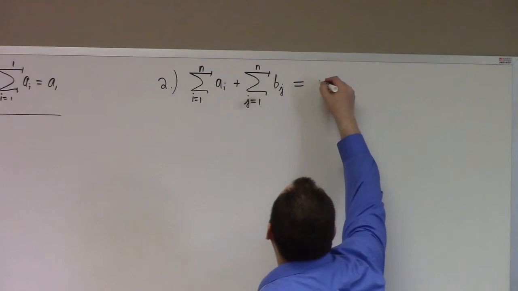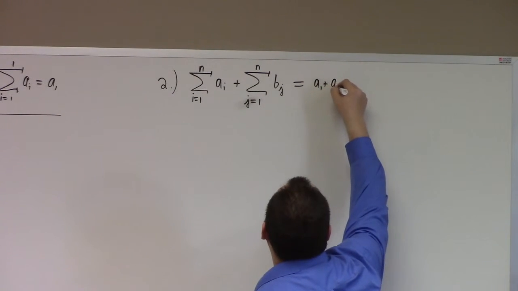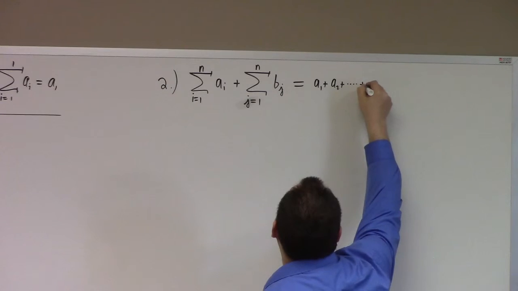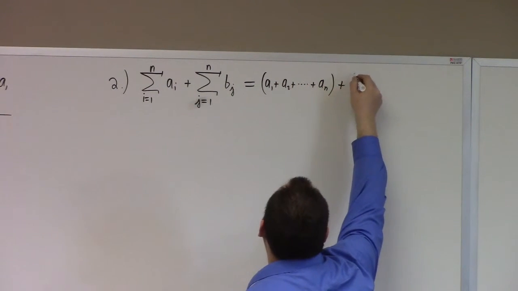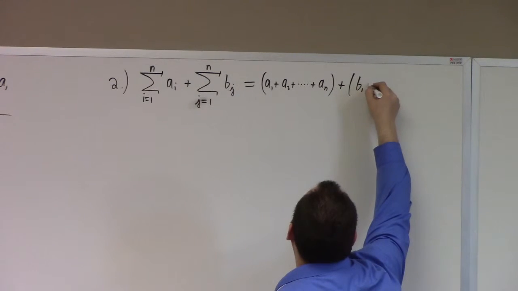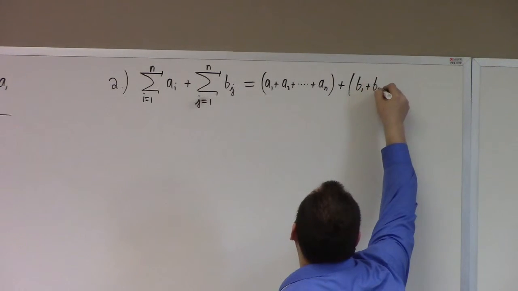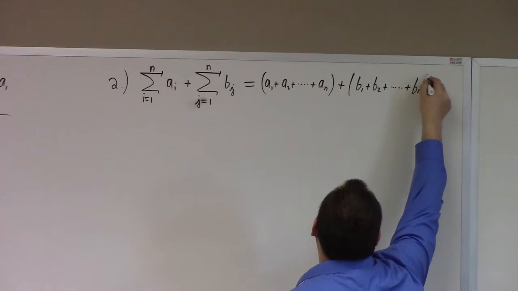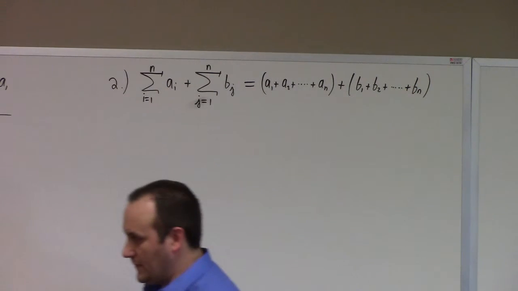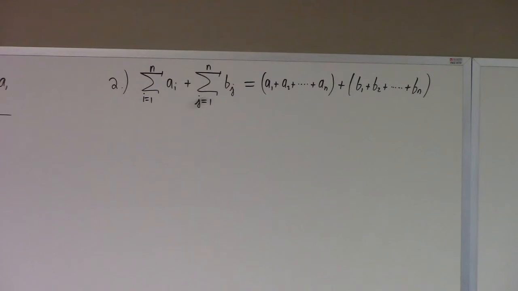That would be a1 plus a2 plus dot dot dot plus an, parentheses, plus what? b1 plus b2 plus dot dot dot plus bn, again, just by the definition of the finite sum.